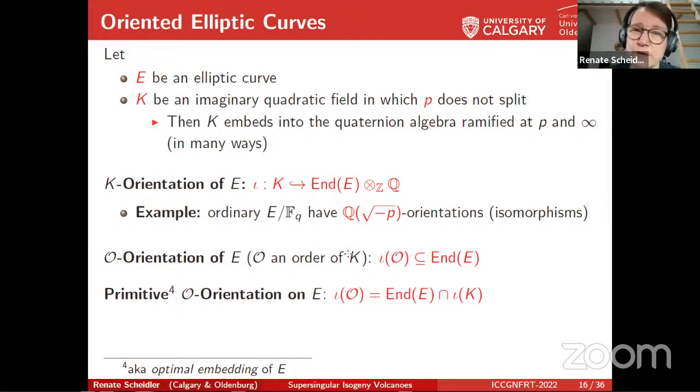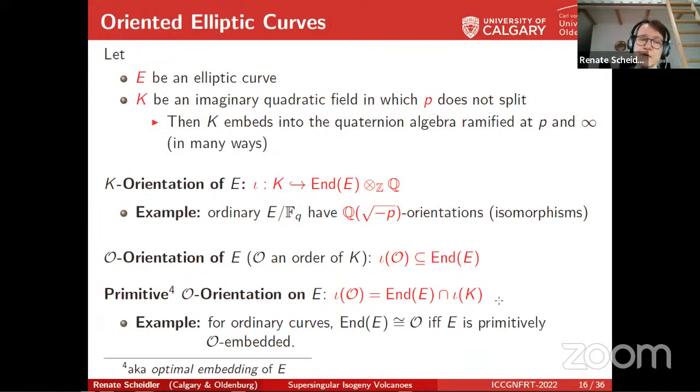And then, in order to get as close as possible to the complex multiplication case in the ordinary case, you require for a primitive O orientation that the image is equal to the endomorphism ring intersected with the image of K. For ordinary curves, you can always get this. So primitive embeddings are exactly the embeddings that correspond to the O, where O is the actual endomorphism ring.